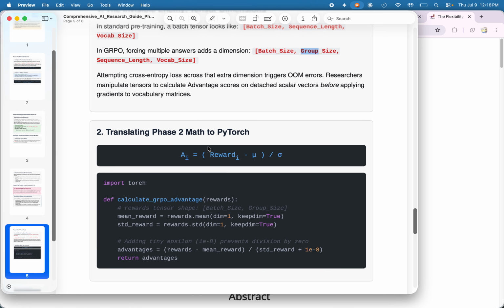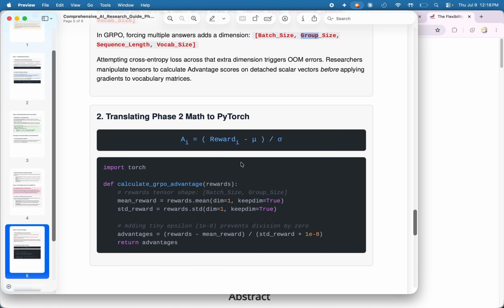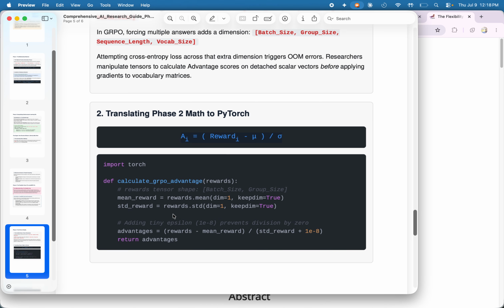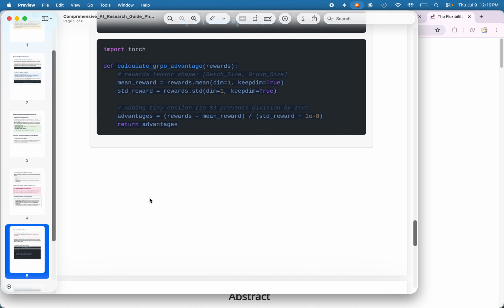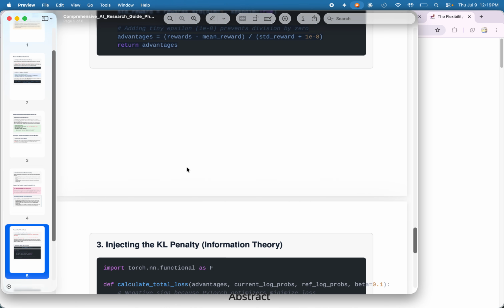So during phase two, basically we were applying GRPO with just the Z score, right? So there will be a method that gets the mean and then the standard deviation and then does the Z score. So the Z score value is nothing but advantages. That's what we call it, advantages. So we calculate the advantages and then we'll be doing the KL divergence here.